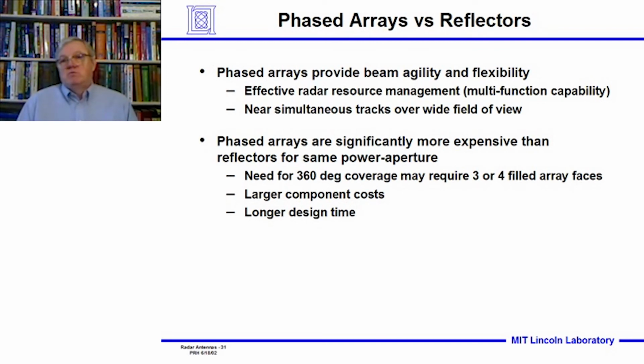Dish antennas are much more off the shelf and much easier to build from an engineering point of view. But many requirements that the government has need the technology within phased arrays, and thank God we have them, to perform very complex missions that some radars require. It's a trade-off, as they say.